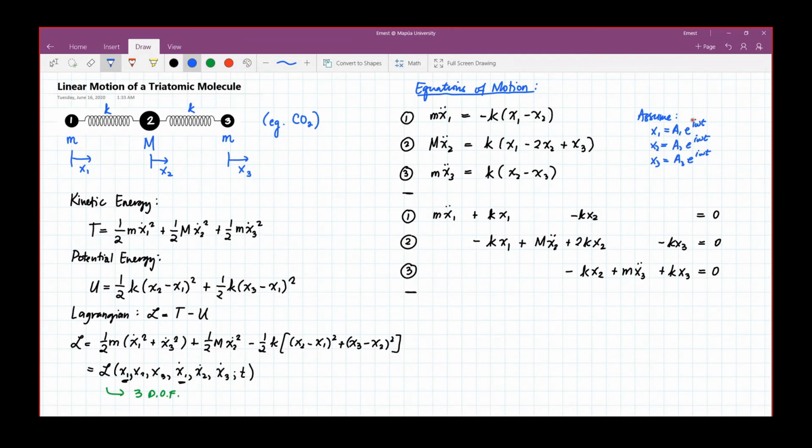Same goes with x2 and x3. So substituting that in these equations, we can now rewrite them as follows.